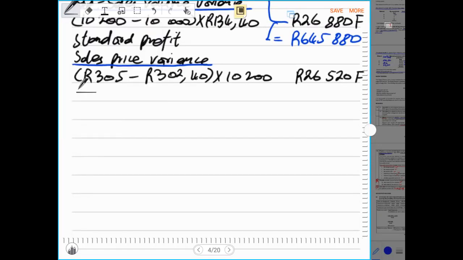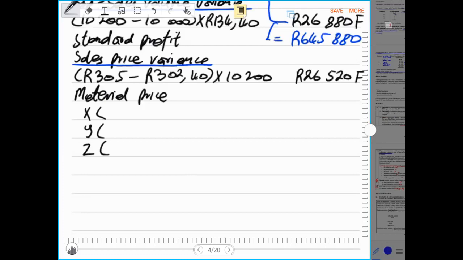Then after now I do my material price variance. Remember, I had 3 materials here: material X, material Y, and material Z. For all of them, I need to know the standard price. Remember I said you can use per unit or you can use per kg.